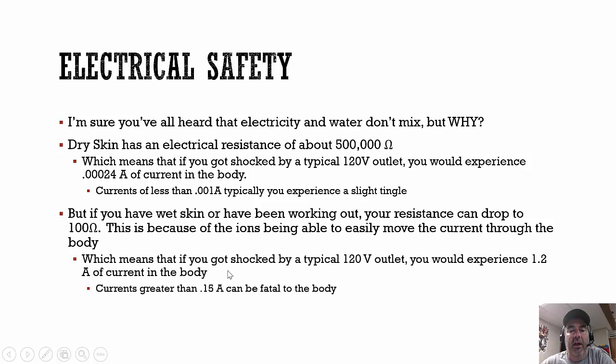So when that current jumps up, if we use that 100 ohms, it jumps to about 1.2 amps. Anything greater than 0.15 amps can be fatal to the body, basically disrupting that normal heartbeat that you have. Okay, so that was a little bit of talking about electrical safety, some of the relationships between voltage, current, and resistance.